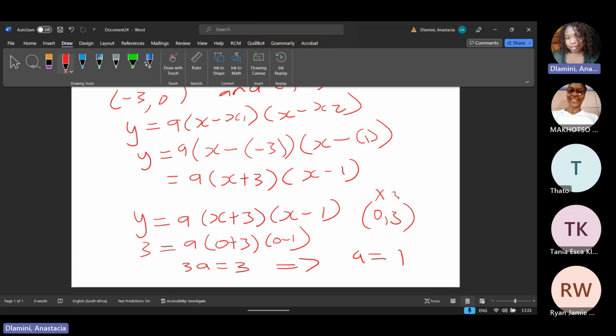Agree or disagree? Agree, ma'am. I agree, ma'am, because you take the 3 over to get 3 divided by 3, and then 1. I disagree. The 3 is going to be minus 3.